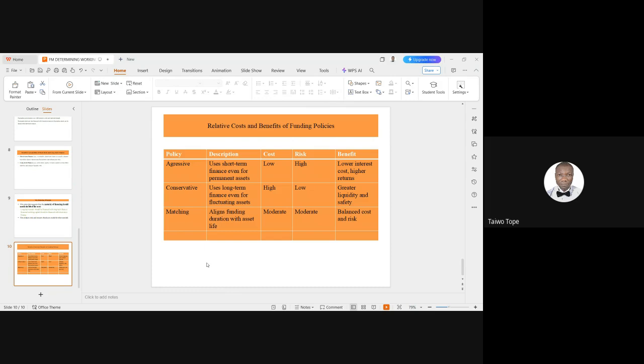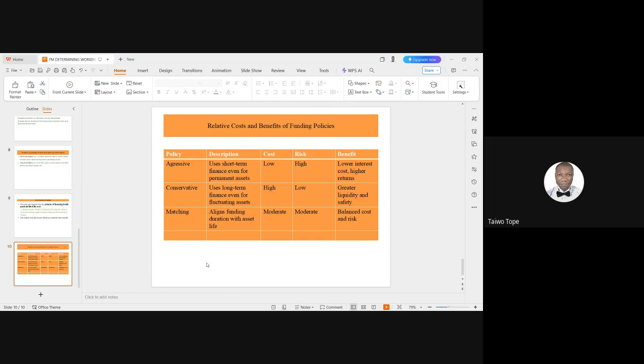So these are some of the things that we're expected to know regarding the third aspect of the syllabus with respect to determining working capital needs. You must note that the aggressive policy relies heavily on short-term finance, and this leads to lower cost and higher returns, but with higher risk.